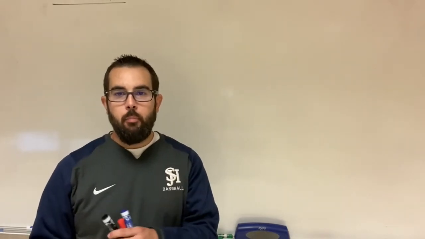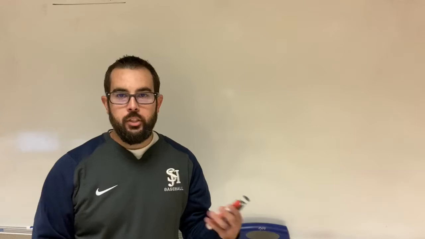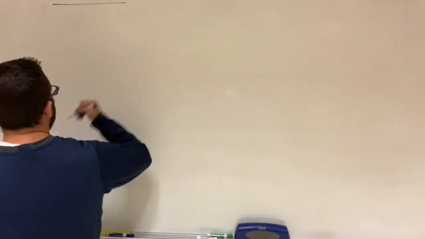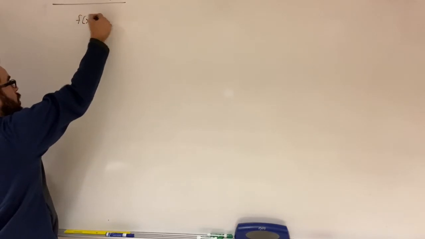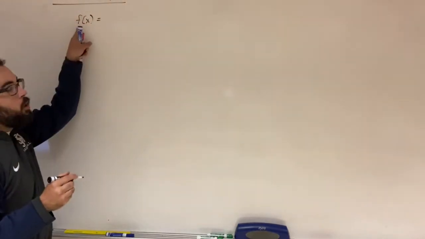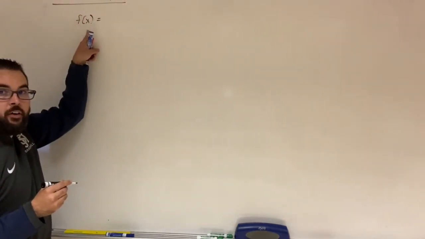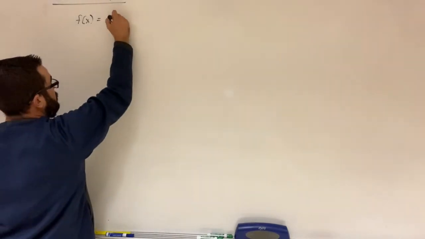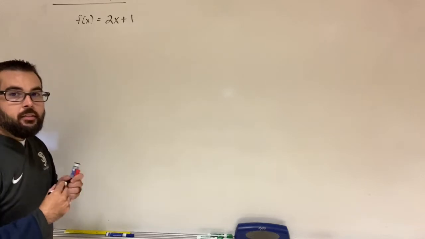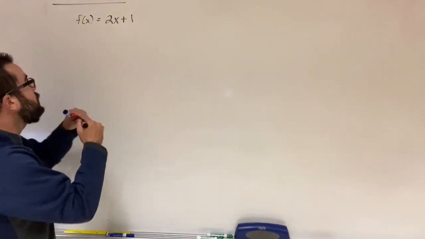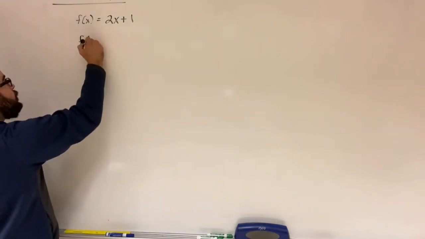So before we get started talking about what an inverse function does, we first have to understand the idea of inputs versus outputs for any old function. All right, so I'm going to start with a linear function, and I'm going to let it be defined by this equation. So f of x is the name of our function, and let's let our function be 2x plus 1. All right, so let's see what this function actually does. So let's look at f of 2.